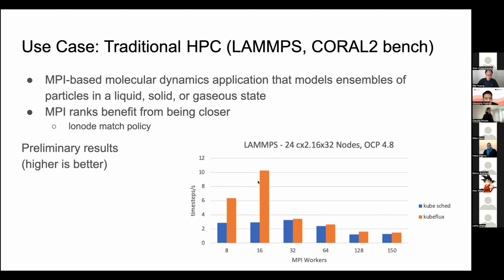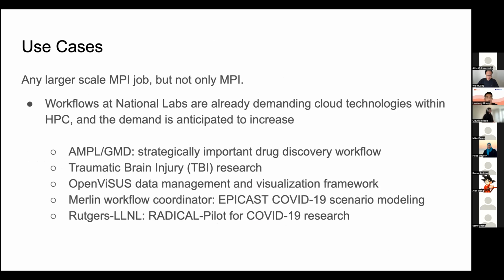Here you see a 5x improvement. Higher is better in terms of time steps a second. So this is very promising, and we're very enthusiastic about the results. And I think that's another bunch of use cases. These come from the national labs and are more traditional HPC workloads.